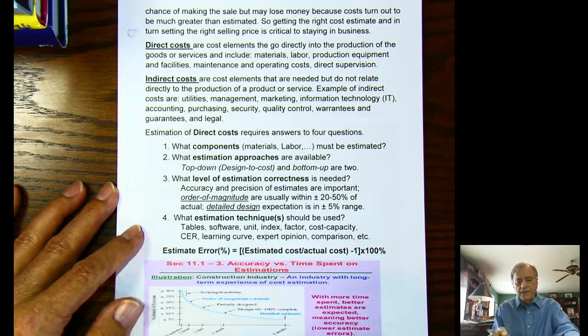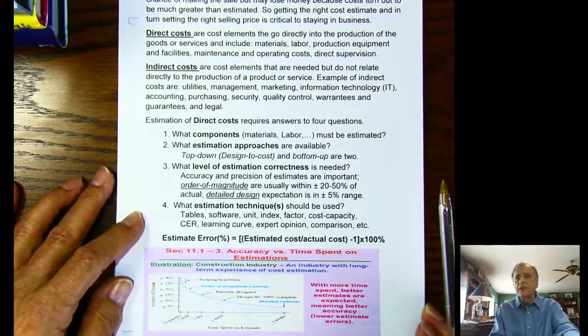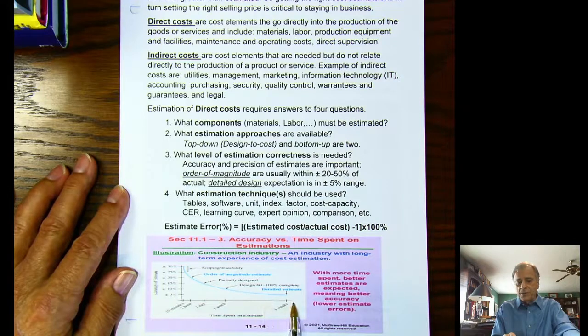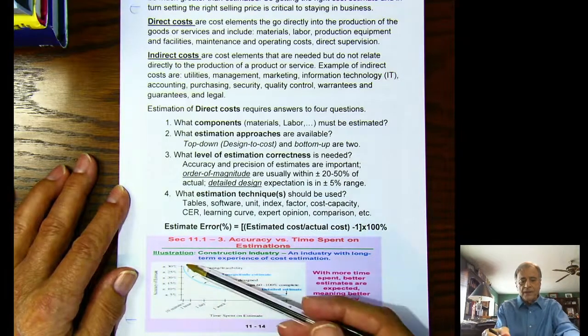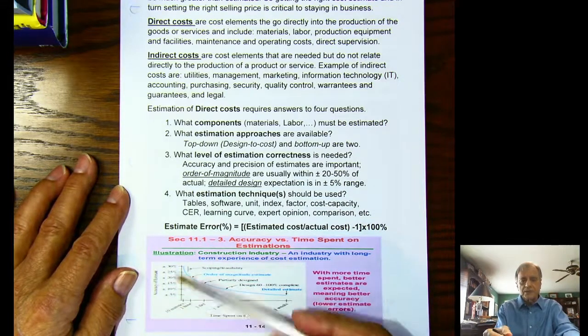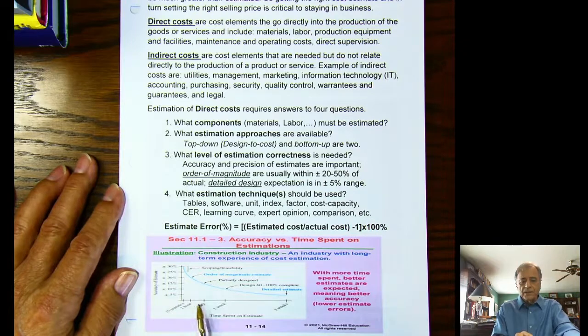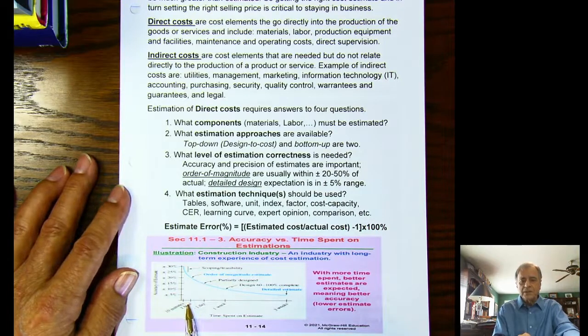This figure down here is figure 3 in your textbook, and it basically says the more time and effort you put into making the cost estimate, the less uncertainty. This vertical axis is the degree of error that might occur. Certainly if you use very simple cost estimating, you may have more error.